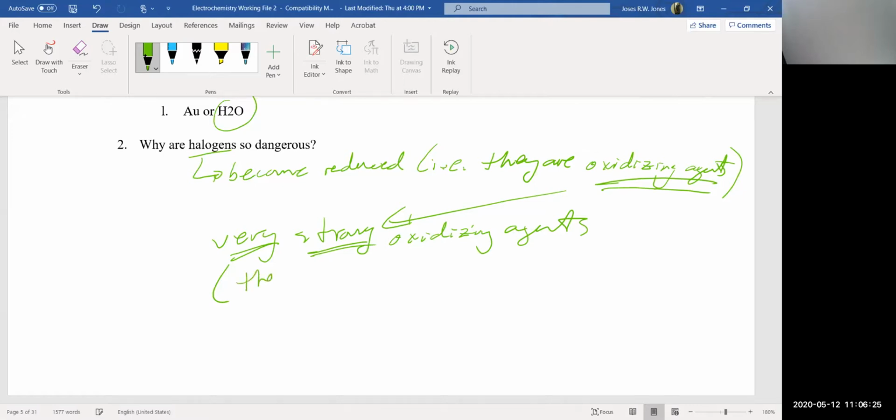They have very high reduction potentials or voltages, i.e., this indicates they become reduced very easily.